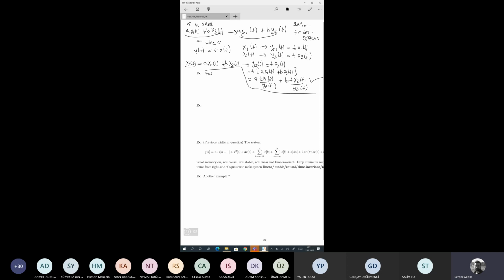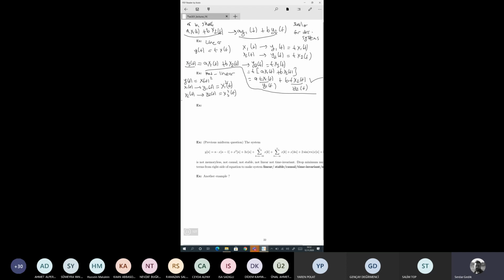Now my second example is a nonlinear system. So let's have y of t defined as x squared of t. If x1 of t is at the input, then I have y1 of t at the output, which is x1 squared of t. If again x2 of t is at the input, I have y2 of t at the output, which is x2 squared of t.